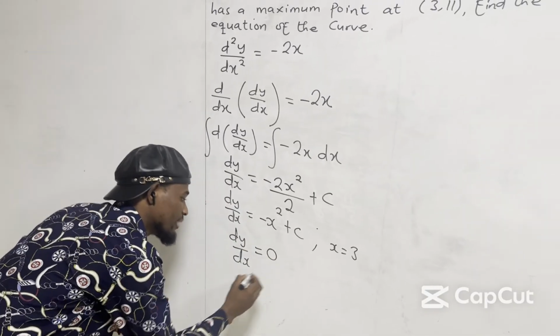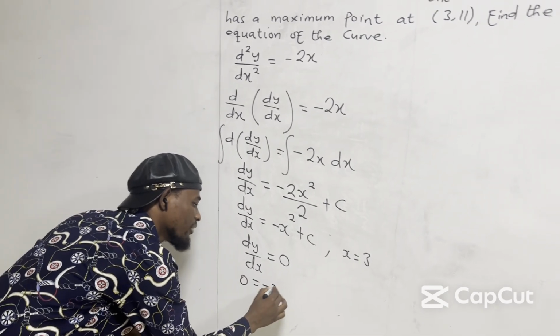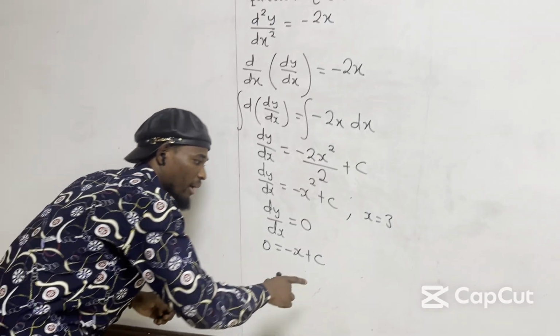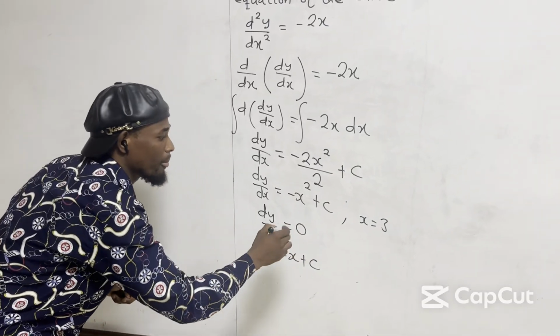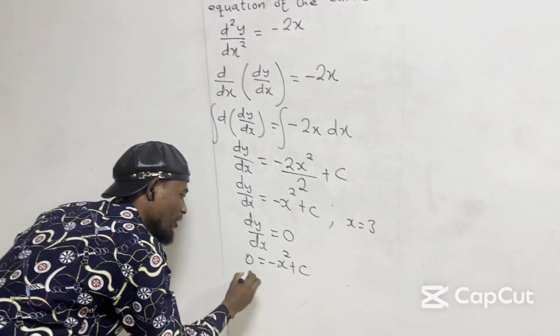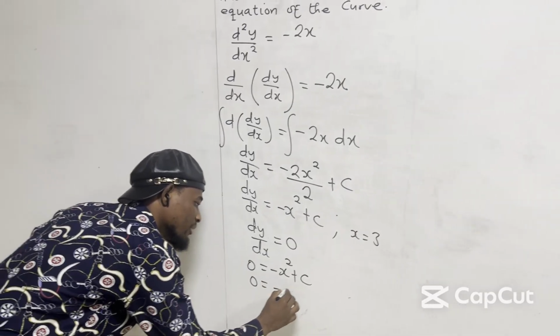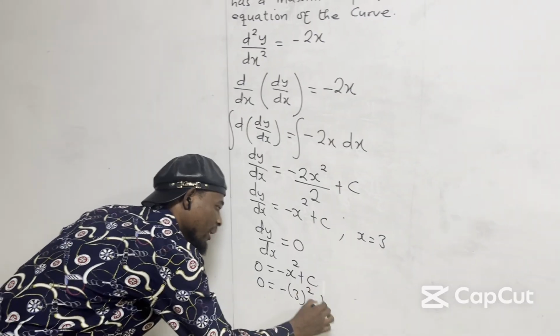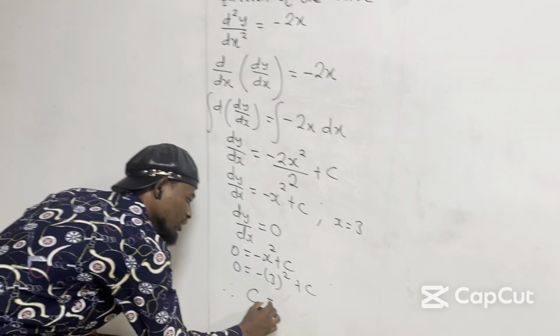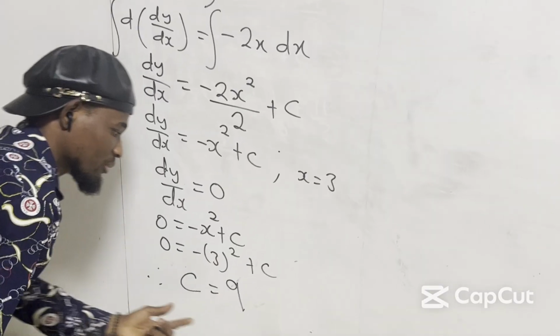So I have 0 is equal to negative x squared plus c. But what do we know? We know x to be equal to 3. So I have 0 is equal to negative 3 squared plus c. So therefore, my constant of integration is equal to 9. As simple as that.